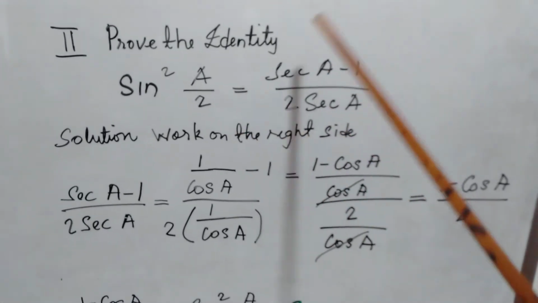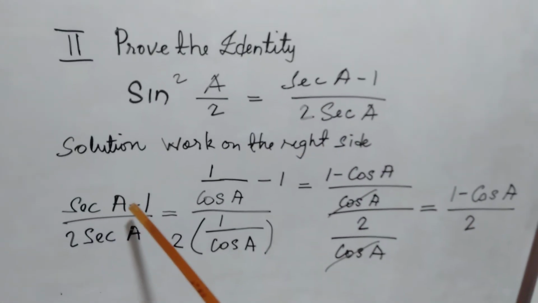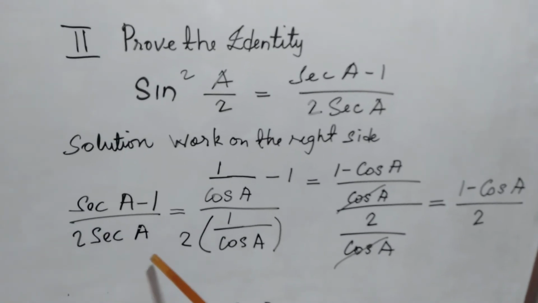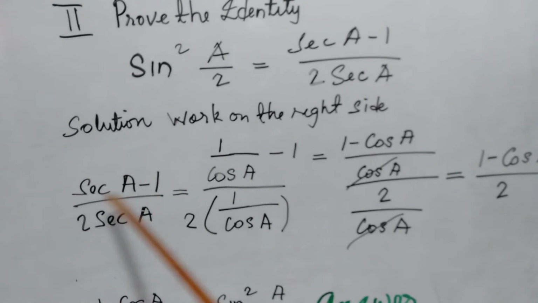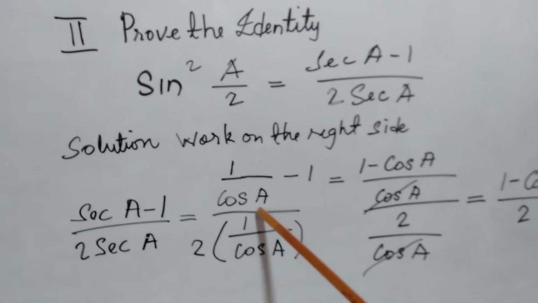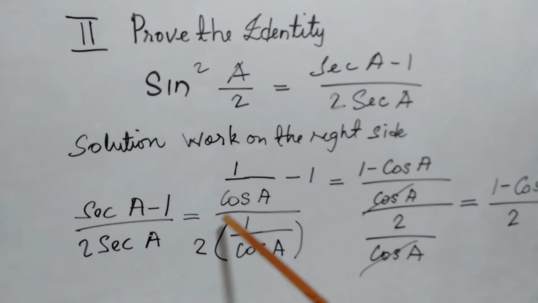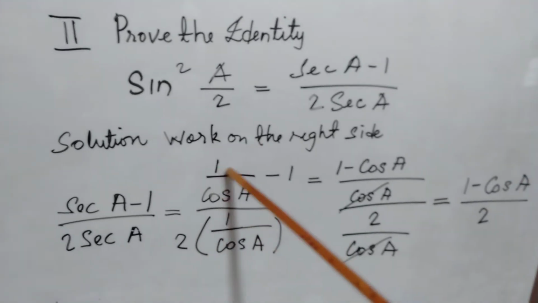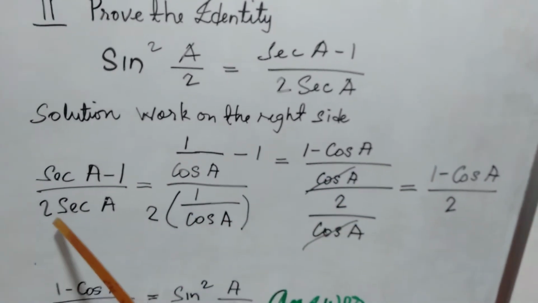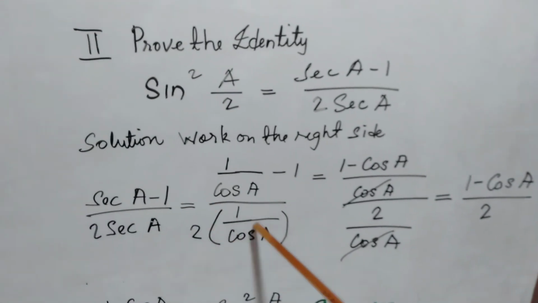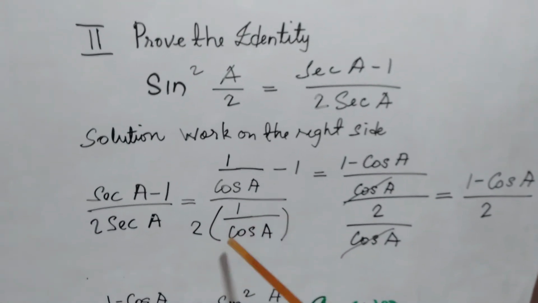So we write this as secant a minus 1 over 2 secant a. Secant a is equal to 1 over cosine a, the reciprocal function. So that is equal to 1 over cosine a minus 1, all over 2 times the quantity 1 over cosine a.